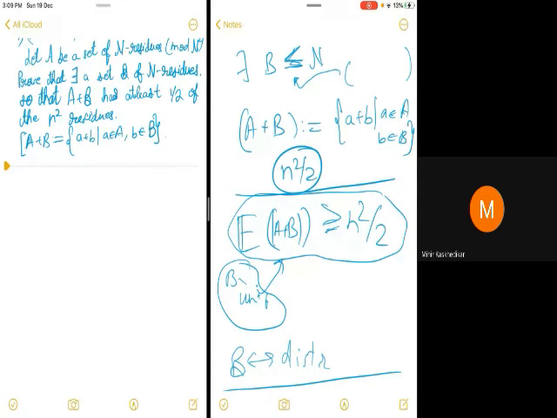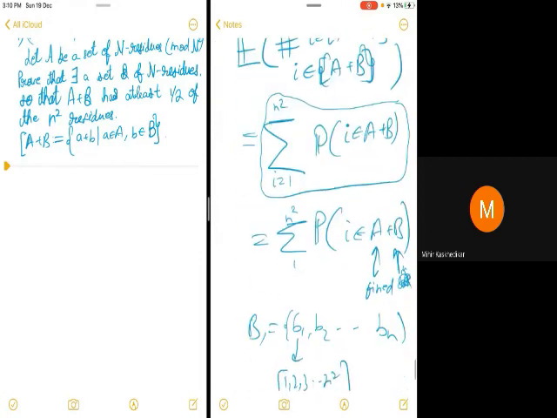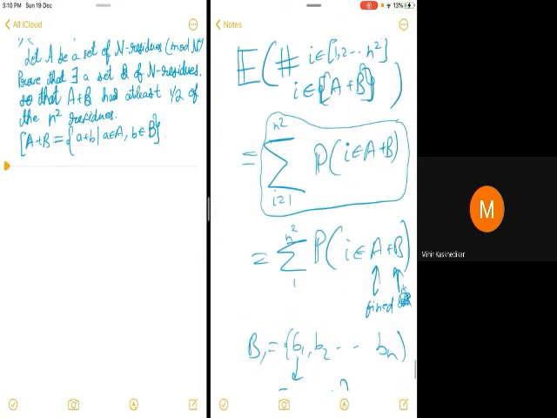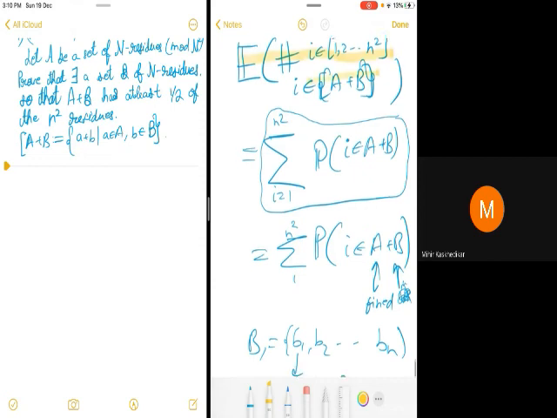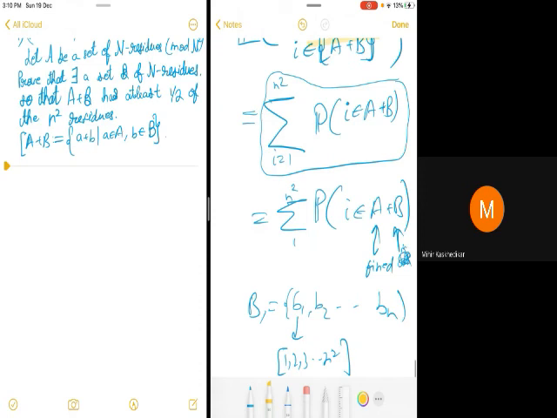So the expected value of the number of I belonging to 1 to n square such that I also belongs to the set A plus B is what we have to calculate. This will be the summation of the probability that a given fixed I belongs to our set A plus B, where B is chosen randomly.